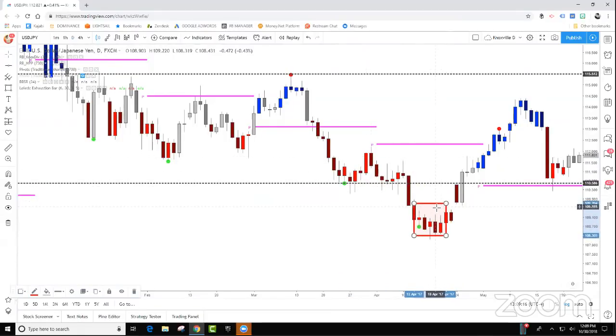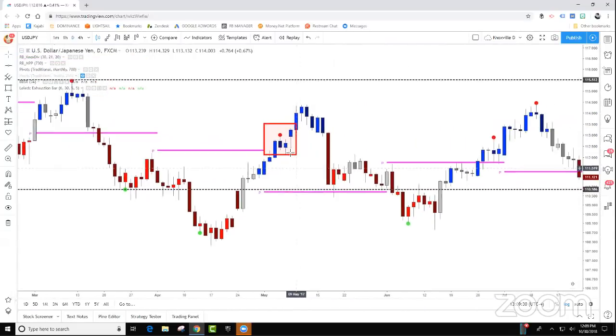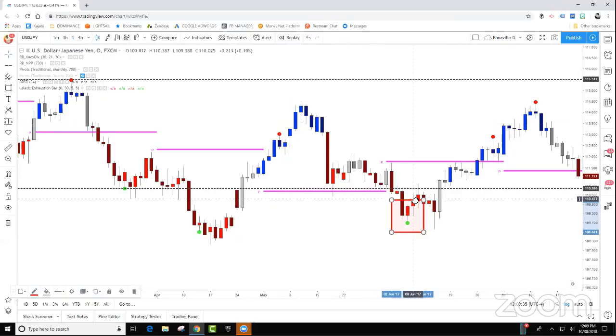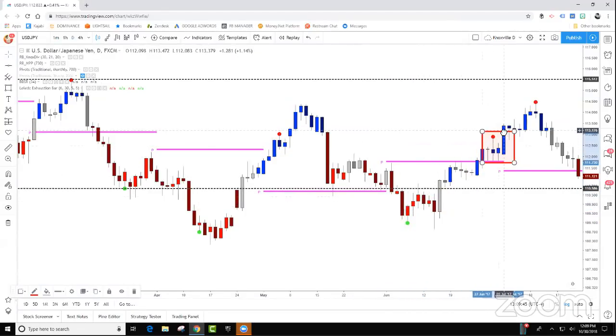But I like the way that there seems to be a fairly consistent profit available on these setups. There's a blue candle that's supposedly a reversal, but it's a continuation. And here is a bearish candle that is supposedly a reversal, but maybe it's a continuation. And maybe not. I mean, obviously here we do travel in the opposite direction.